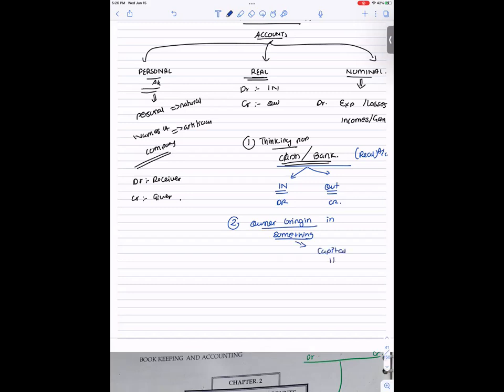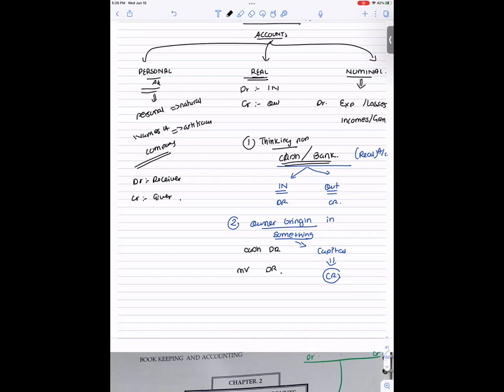Capital will always be credit. If owner brings in cash, I will say cash debit. If owner brings in motor vehicle, I will say motor vehicle debit. But capital will be credit.